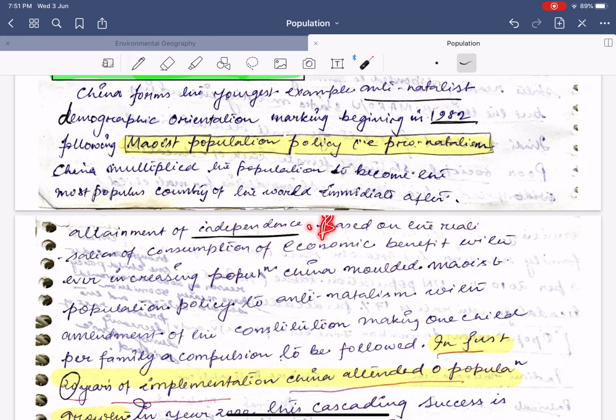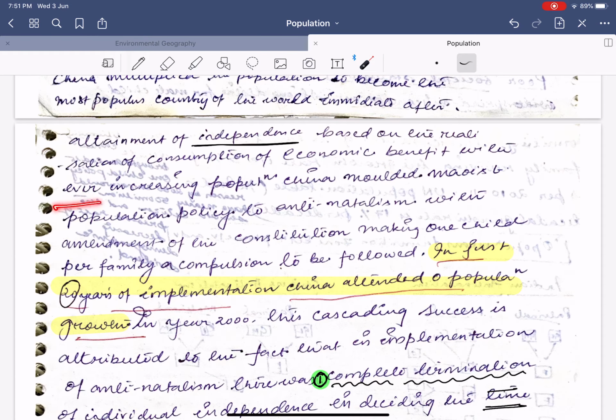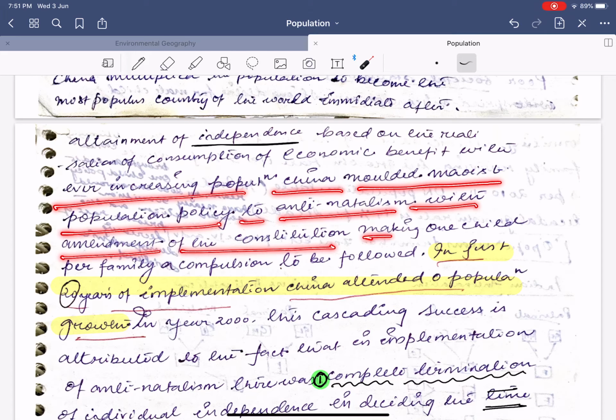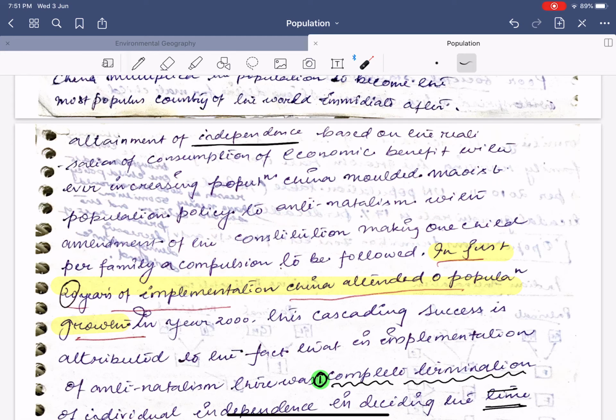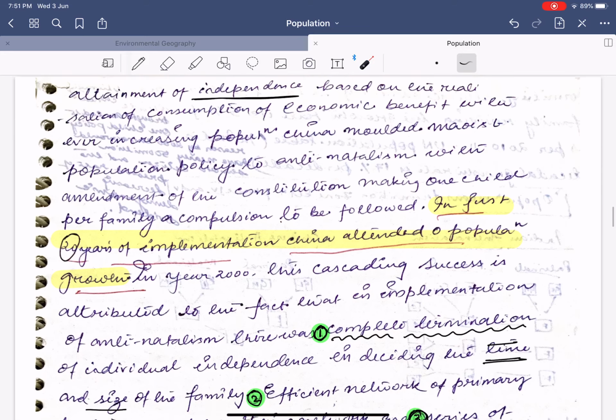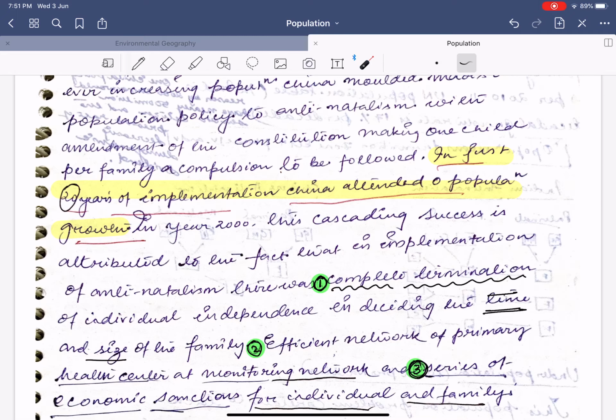Based on the realization of the consumption of the economic benefit by the ever-increasing population, China molded its Maoist population policy to anti-natalism with an amendment of the constitution, making one child per family a compulsion. Understand this: China amended its constitution and made one child compulsory to be followed. In just 20 years of its implementation, China attained zero population growth.